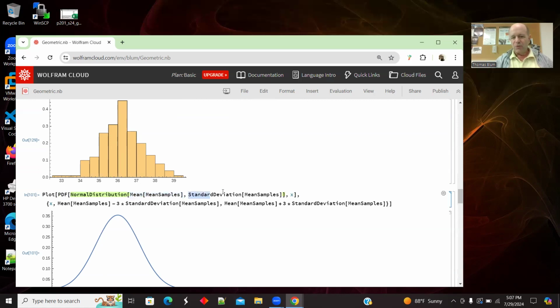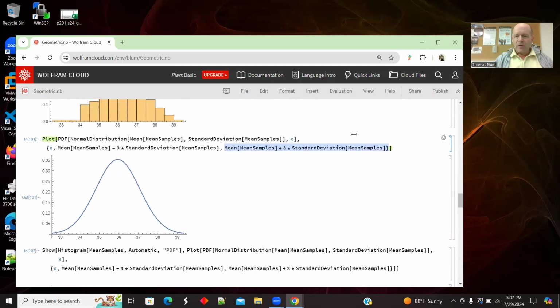For the standard deviation, I'm going to give it the standard deviation of the mean samples, then PDF, and x. That turns it into a normal distribution, and I'm plotting it from the mean minus 3 standard deviations to the mean plus 3 standard deviations. With normal distributions, 3 standard deviations gives you most of it, I don't know, 99% or something.